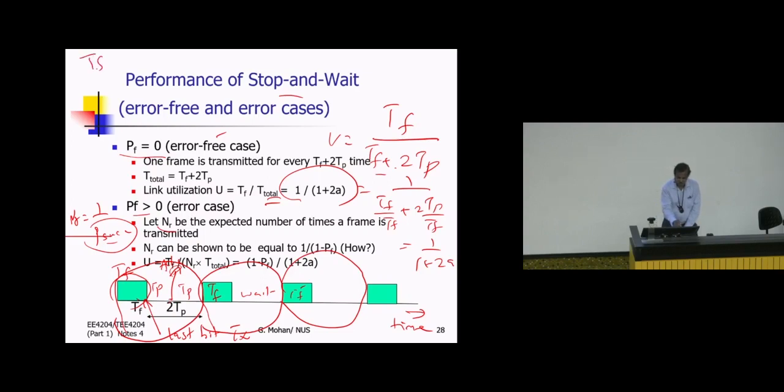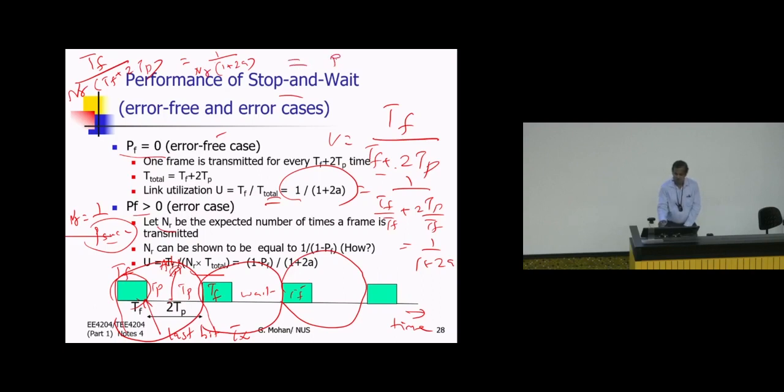TF, the total, would be NR times total, because each frame is transmitted NR times. So this will be NR multiplied by TF plus 2TP. That's equal to 1 by 1 plus 2A times NR. NR is 1 over success probability.